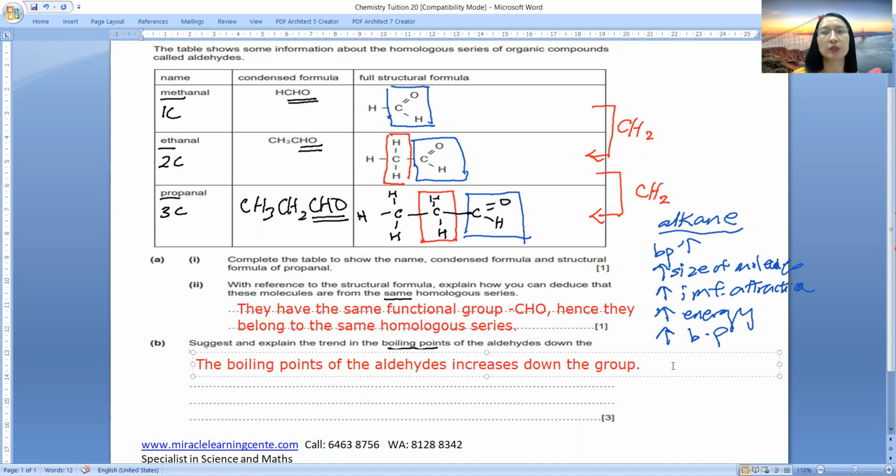So we know they are all simple molecular compounds. So going down the group, the size of the molecules increases.